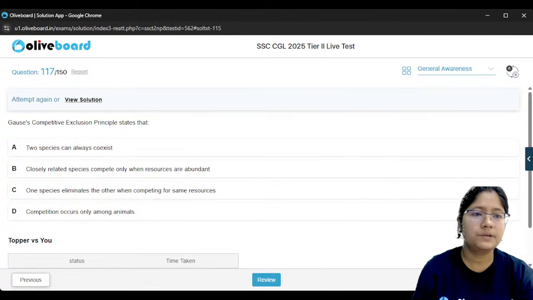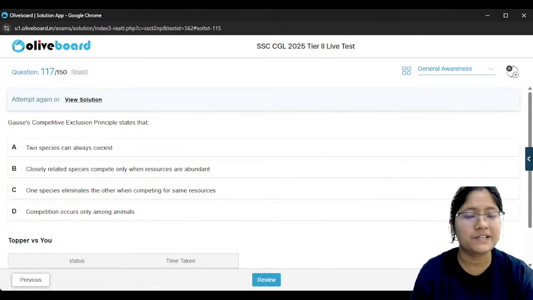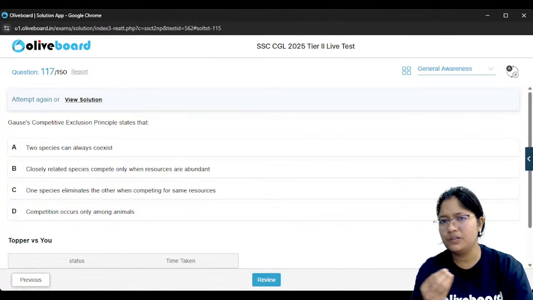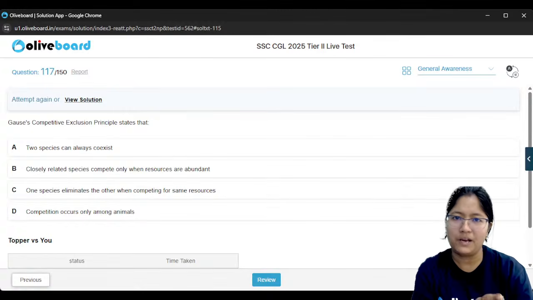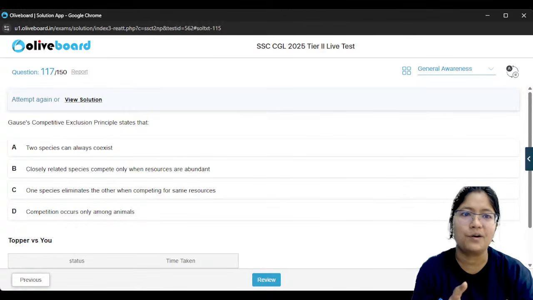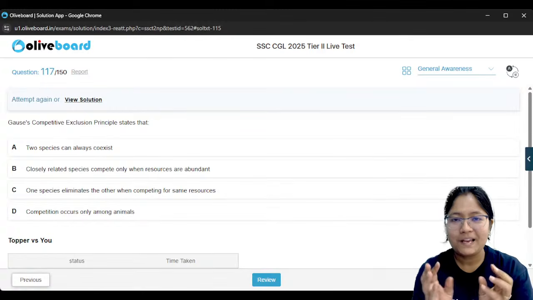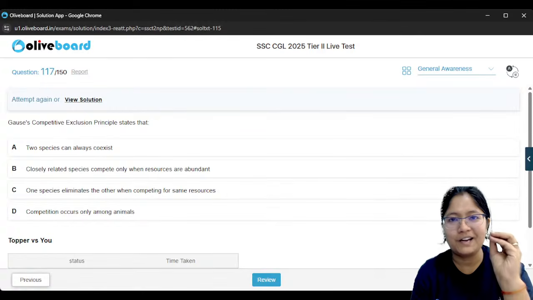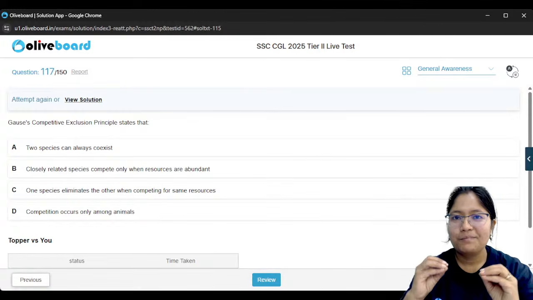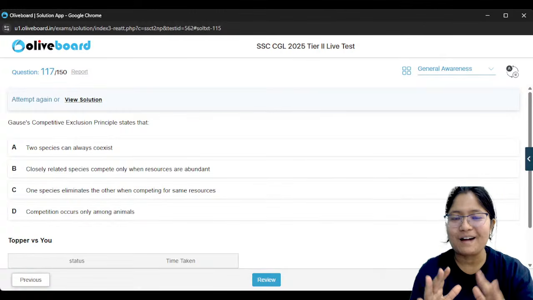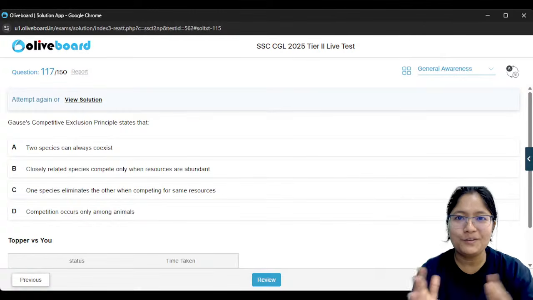Now look at the next question. Gause's competitive exclusion principle is actually universal, though it is applied in biology. See, in a household also, if there is a husband and a wife, both of them will stay happily for say 1 year or 2 years.